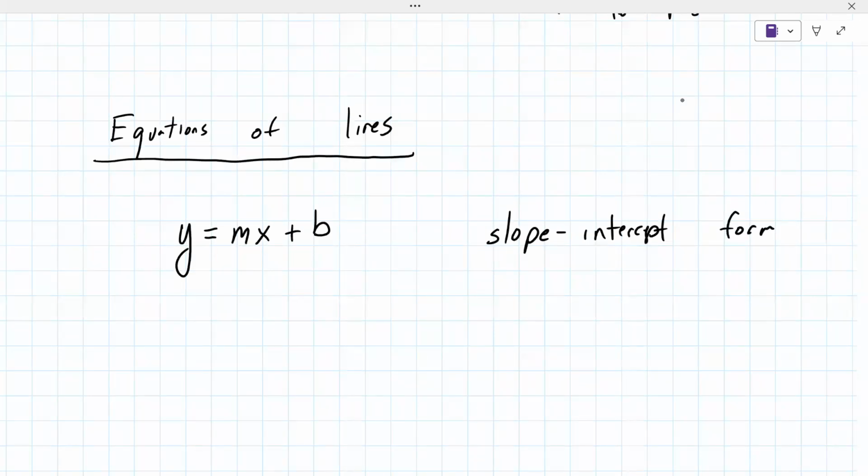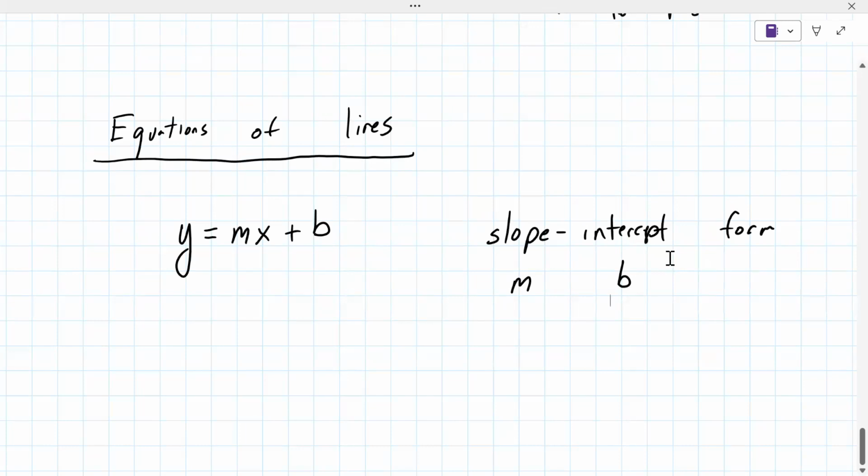It's not very creative because m is the slope and b is the intercept. So it tells you what's in there, which I think is kind of weird. So the name sometimes helps you.